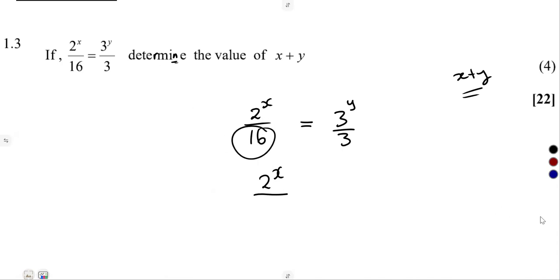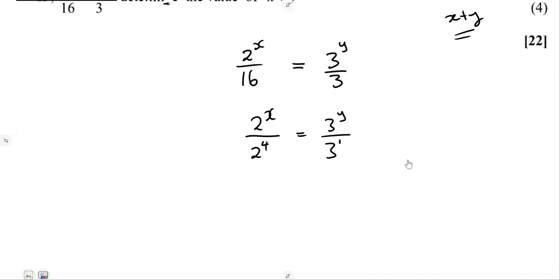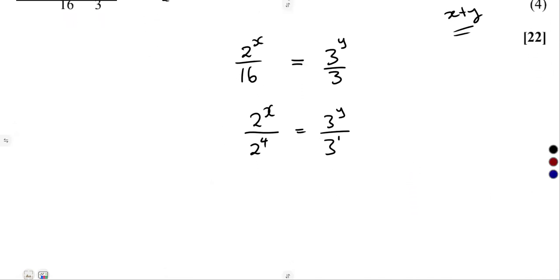But 16 is not a prime number. As a prime number, 2 is raised to the exponent of what? Of 4. All right, these ones, they are in simplest form, guys. 3 and 3, this is just the same as what? 3 to the exponent of 1. We can see that on the left-hand side, division, remember, same bases, x to the exponent of a over x to the exponent of b is x to the exponent of a minus b.